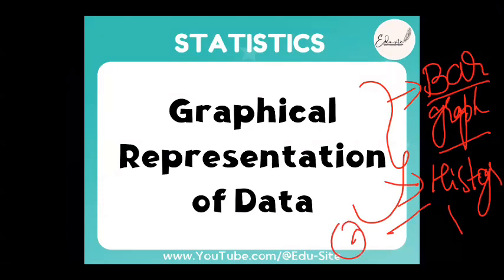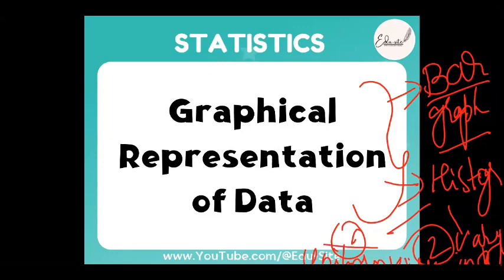The first type was histograms with uniform width, and the second was varying widths. It's not about continuous intervals here. You just have to remember these two points: check whether the widths are uniform or varying. These are the two types of histograms.